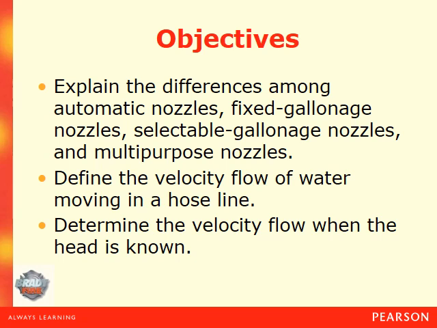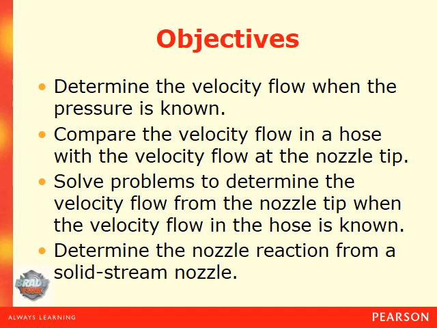Determine the velocity flow when the head is known, and when the pressure is known. Compare the velocity flow in a hose with the velocity flow at the nozzle tip. Solve problems to determine the velocity flow from the nozzle tip when the velocity flow in the hose is known.